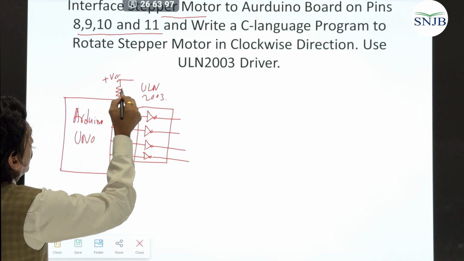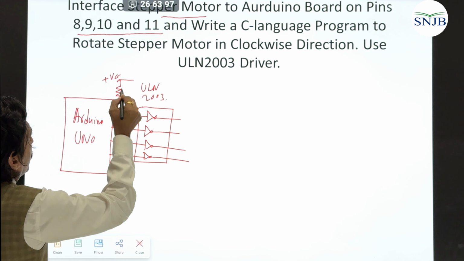The high is shifted to the right, over here and then over here. So when 10 is high and the rest are low, it again rotates one step in the clockwise direction. And if only 11 is high and the rest are low, it again rotates in the clockwise direction. We have to perform this operation for infinite time. So this is the logic development.